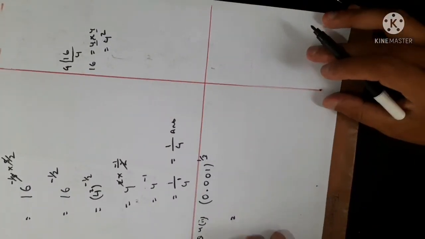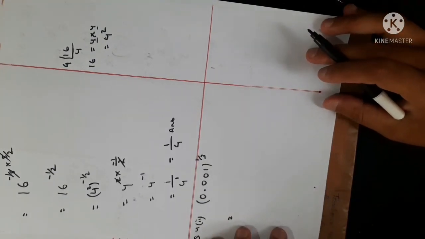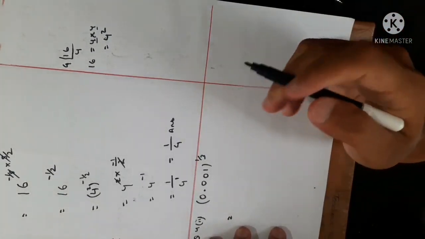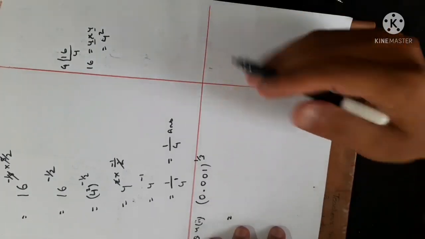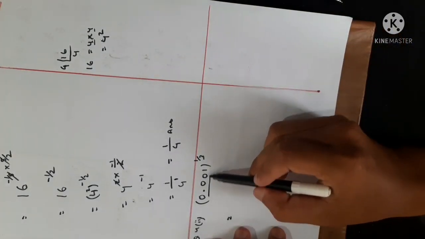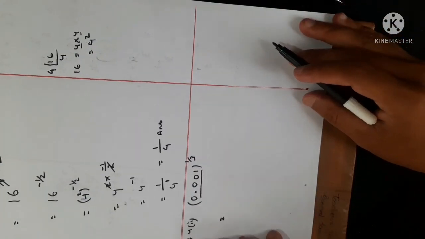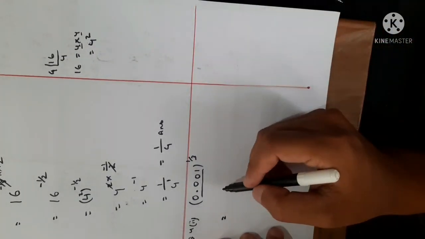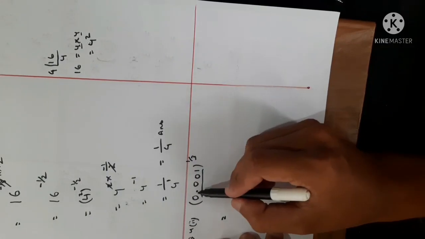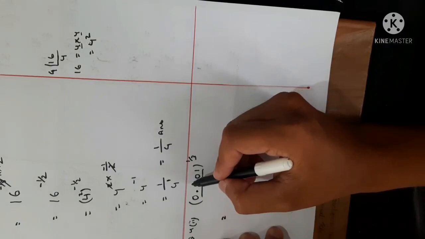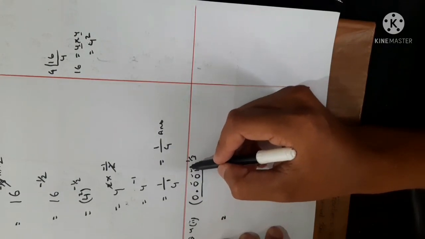Next question, 4.2. 0.001 raised to the power 1 by 3. So what do we do here? This is a decimal number, isn't it? So we write it in p by q form. Here, after the decimal point, there are how many numbers? 1, 2, and 3.